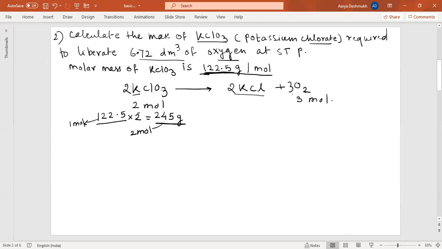Now 3 moles of oxygen should be equal to 96 grams. Because 32 plus 32 plus 32, since 1 oxygen atom is 16, and I am talking about the oxygen molecule, 16 plus 16 means 32, and 32 threes are 96.